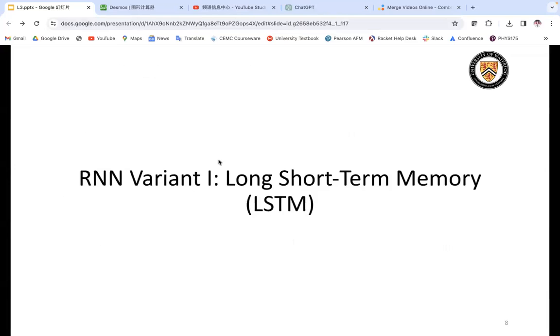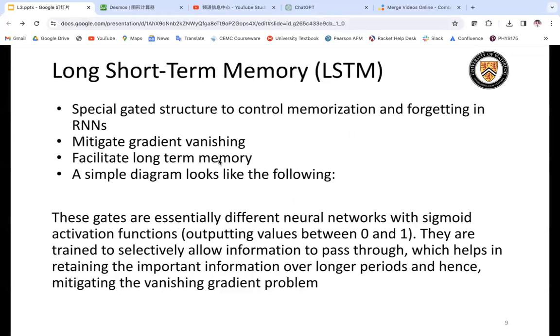Now we will discuss the first variant of recurrent neural network, which is called long short-term memory, or LSTM. LSTM uses some special gated structure to control memorization and forgetting in RNNs. This can help mitigate gradient vanishing and facilitate long-term memory.